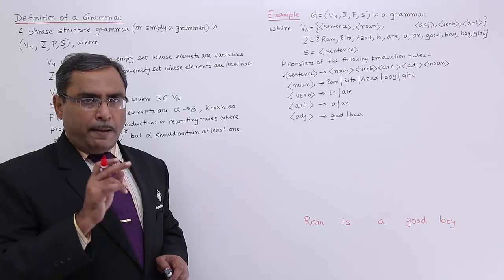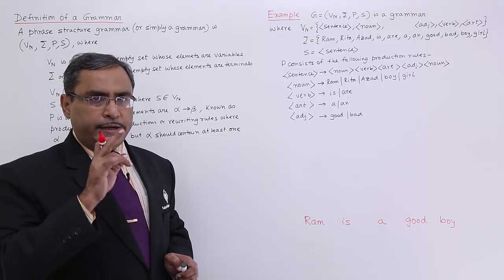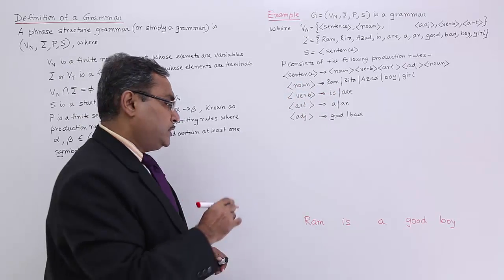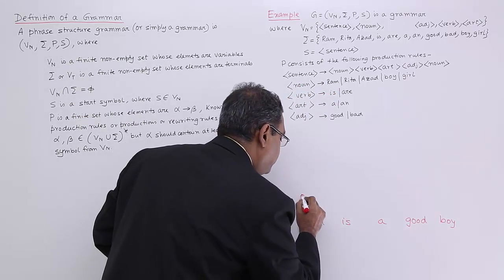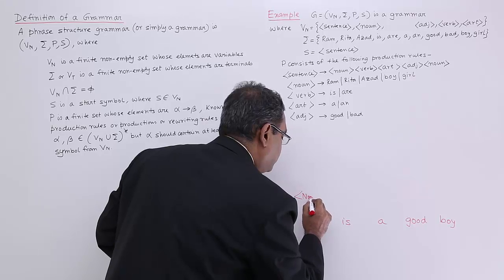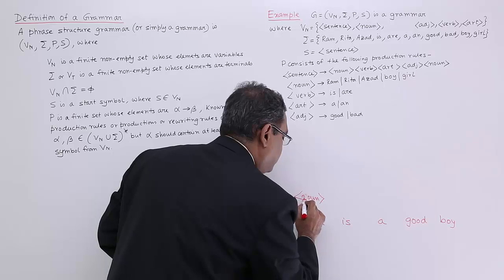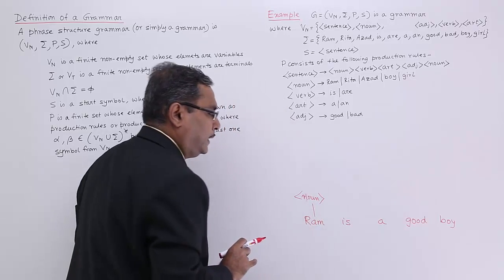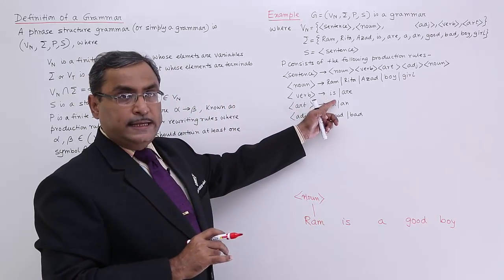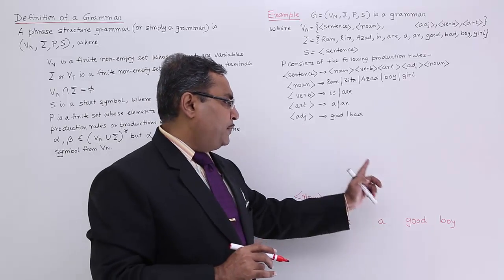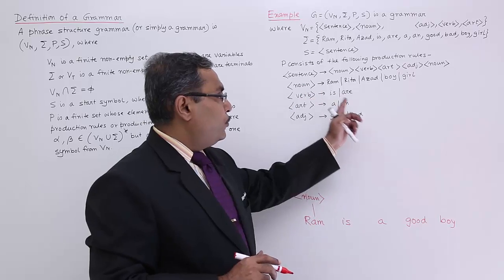Now see, I have one production: noun can produce Ram. So I am making this one. You see, verb can produce is, article can produce a, adjective can produce good, and noun can produce boy.